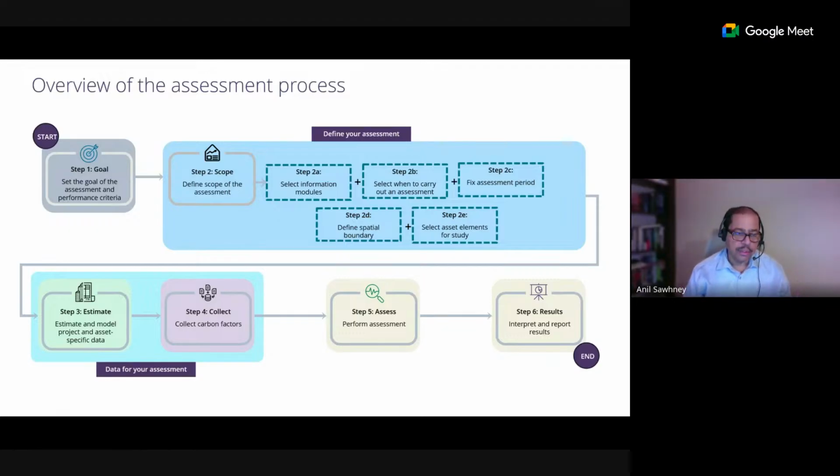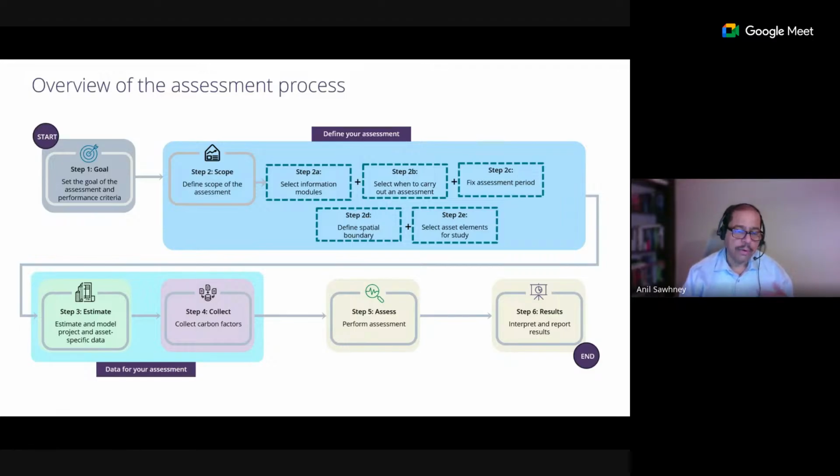Let's say the transport of concrete is 20 kilometers each way. So you need to also find out carbon factors, or emissions per kilometer, of a ready mix truck emitting when it's fully loaded, and when it's returning empty, so that you can estimate the emissions associated with transport from the gate to your site, right?